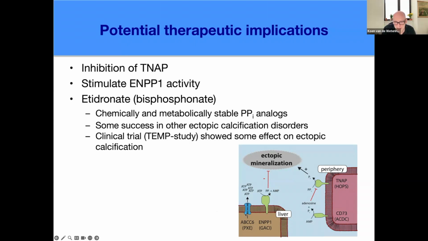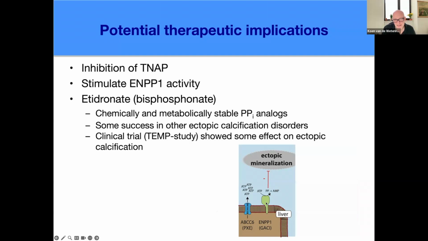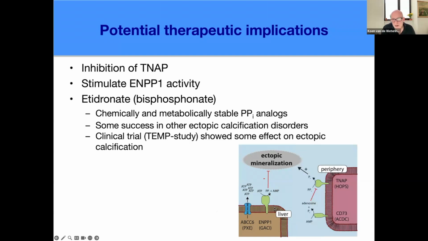Whereas ABCC6 and ENPP1 are involved in generation of pyrophosphate, so they produce pyrophosphate, this enzyme, TNAP, is involved in the degradation of pyrophosphate. So it keeps levels low.